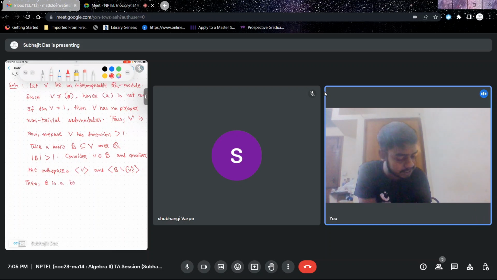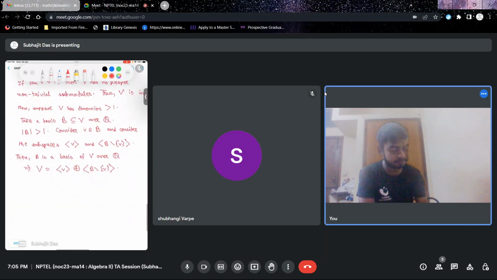So B being a basis of V over F, over Q, implies that V is equal to the subspace generated by v direct sum the subspace generated by B minus singleton v, which shows that V will be decomposable. V is decomposable.